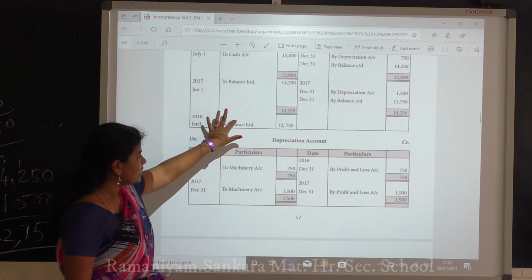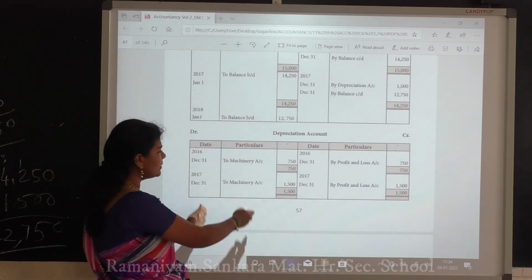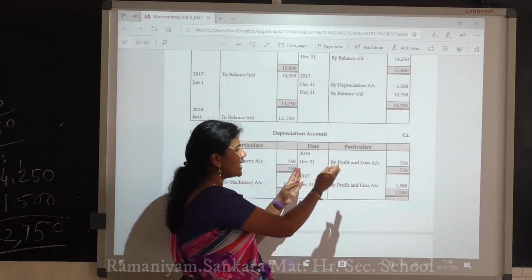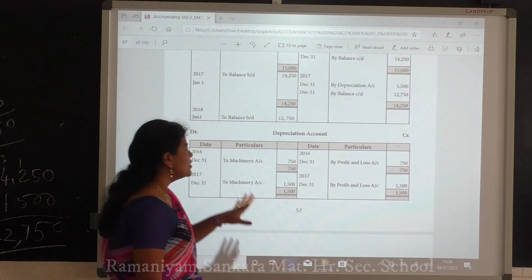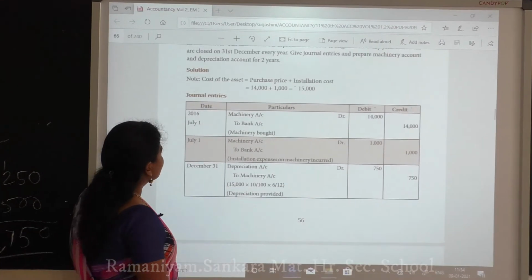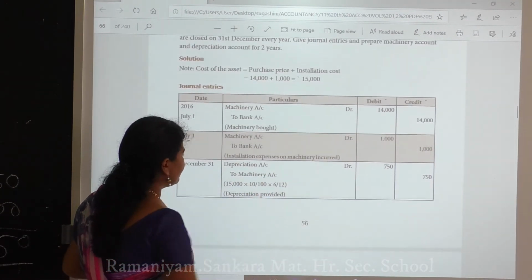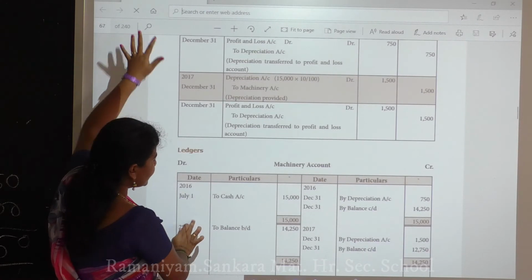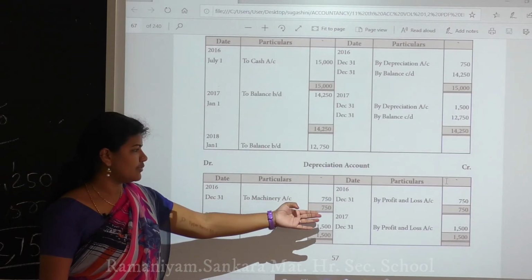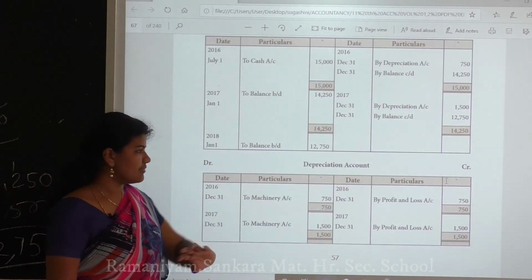Next is the depreciation account. It's the same thing: depreciation, and only in these places the machinery comes, like profit and loss. Look here: depreciation account 750, to machinery account 750. So 2016 December 31st, to machinery account 750, and 2016 December 31st, by profit and loss account 750.